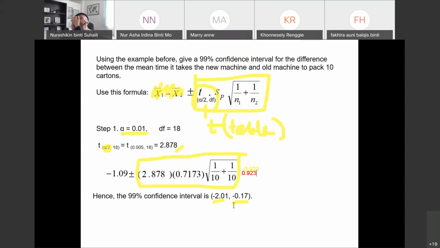So that is the range, and the range goes from minus 2.01 to minus 0.17.